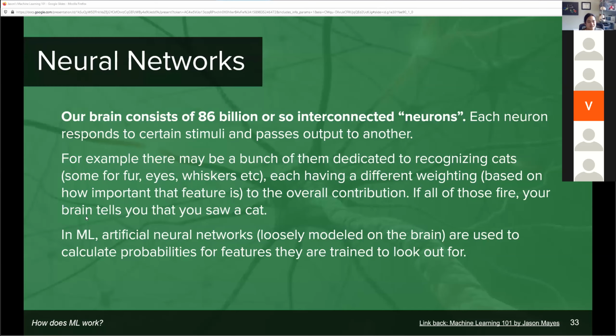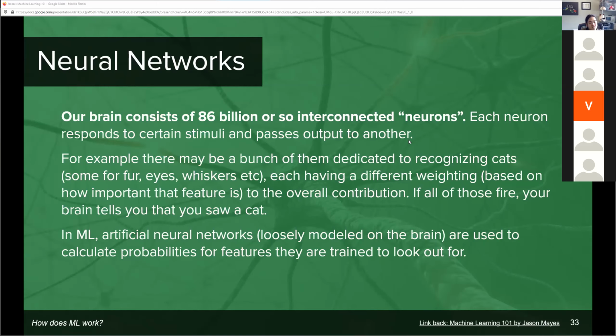Neural networks. I'm not good at this one, but let's try to get through this slide. There are 86 billion or so interconnected neurons. Each neuron responds to certain stimuli and passes output to another. There might be a bunch of them dedicated to recognizing cats, each having a different weighting for the overall contribution. If all those fire, the brain tells you that you saw a cat.